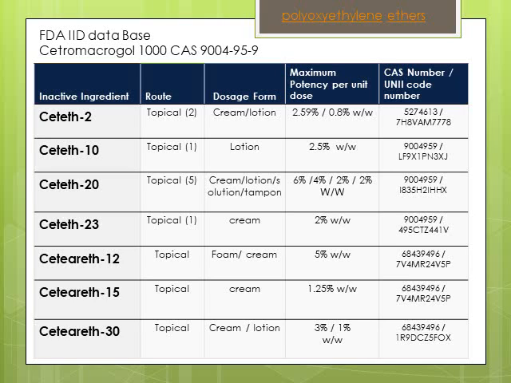They are all used in topical dosage forms, and they are creams, lotions, foam, solution, and tampon. The maximum allowed limit present in the dosage form is listed here, along with the CAS number and UNII code number.